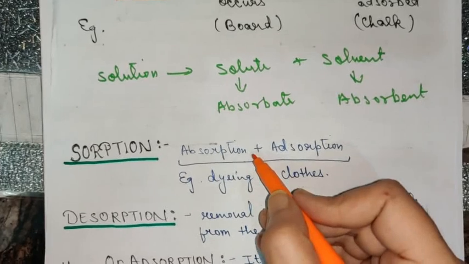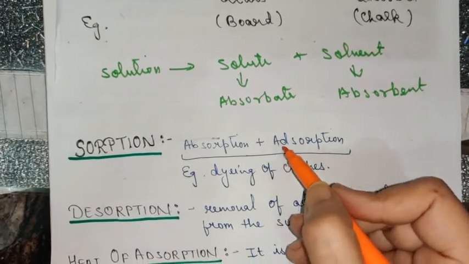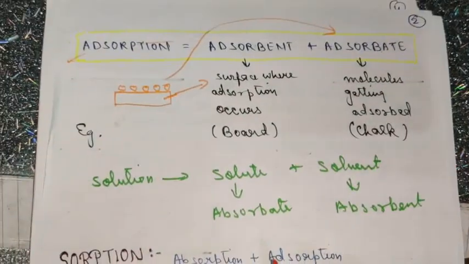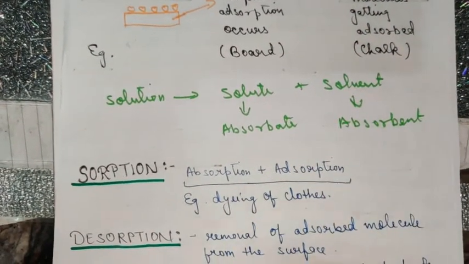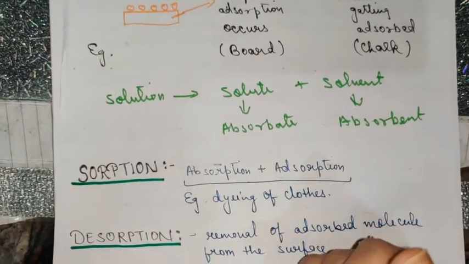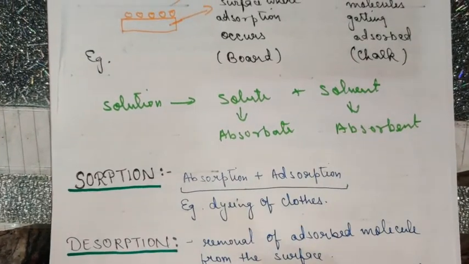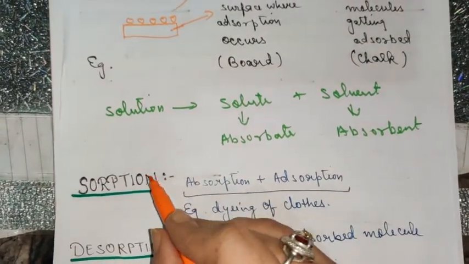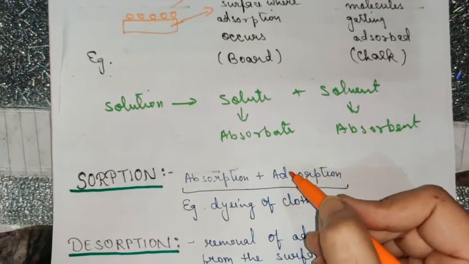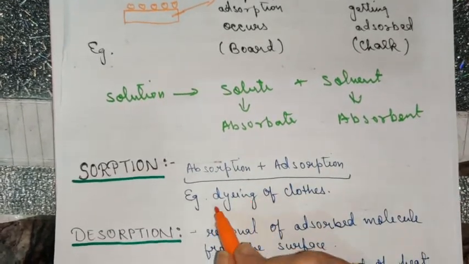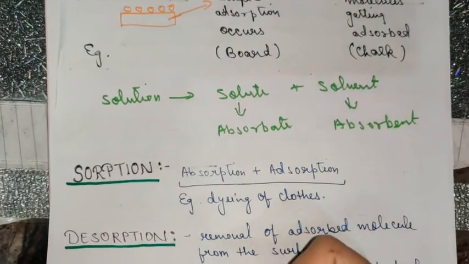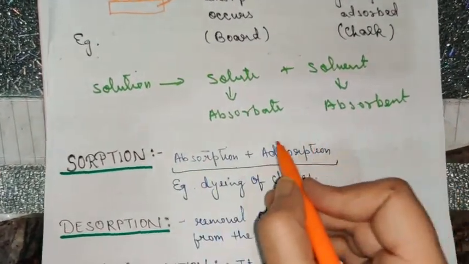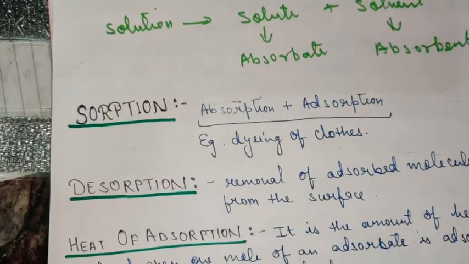In the process of dyeing, the adsorbate does not only settle itself on the surface but also settles in the bulk. So sorption is basically the combination of both, and the example of it is dyeing of cloth. This is just an example, you can think of many such examples. When both the phenomena occur together, that is known as sorption.